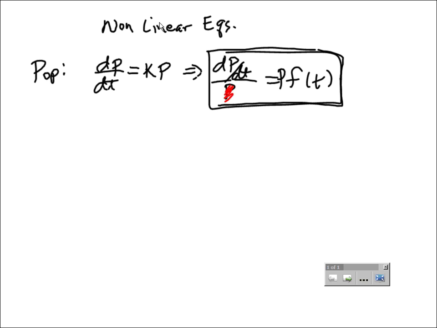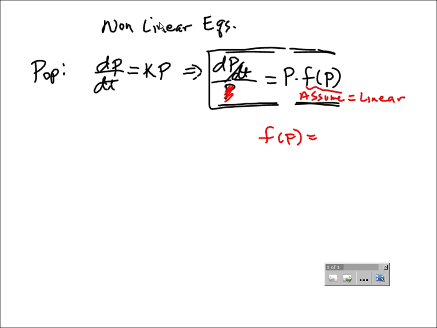Now, I said it's nonlinear, so let me just write this a little bit clearer. It's p times a function of p, actually, sorry. Now, this function, let us assume that it's linear. That is, f of p, so the variable is not x, it's p. It's going to be mx plus b. Now, it says nonlinear.